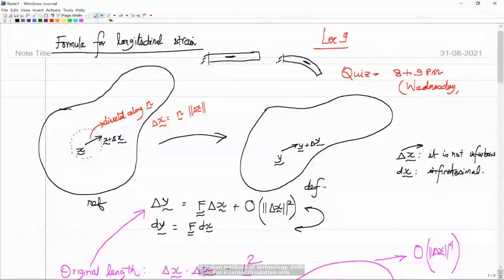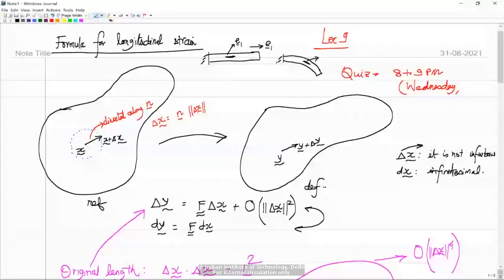Now, when you measure it, the line element direction here is something else, whereas over here it is something else, right? Sorry, let us say this direction is E1. So here it is E1.